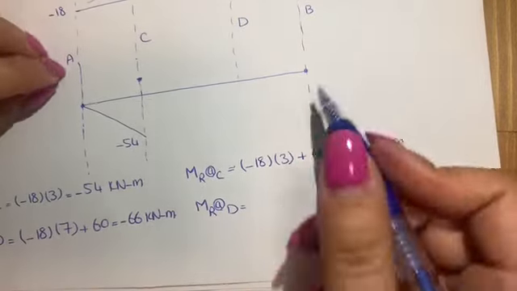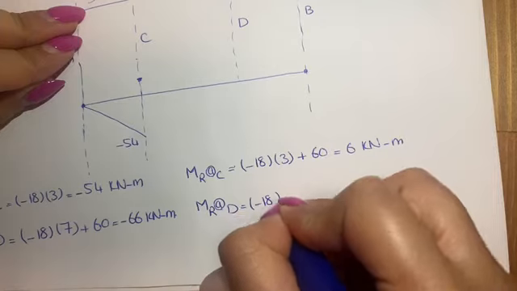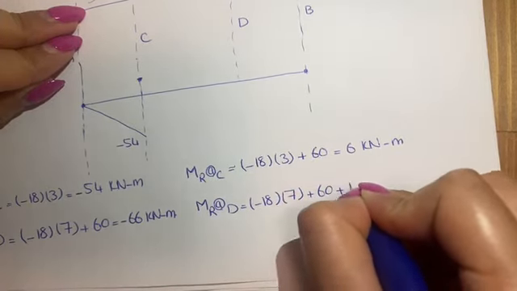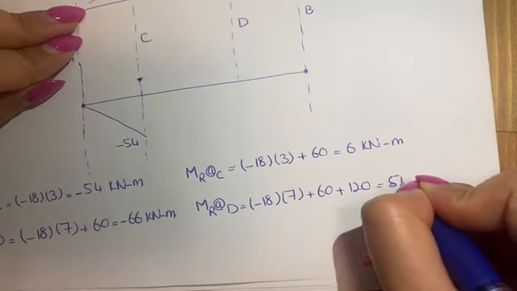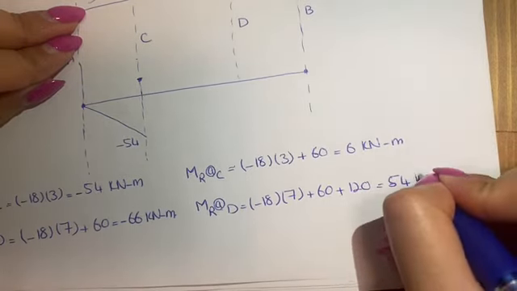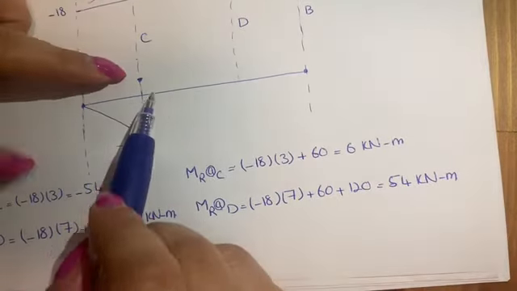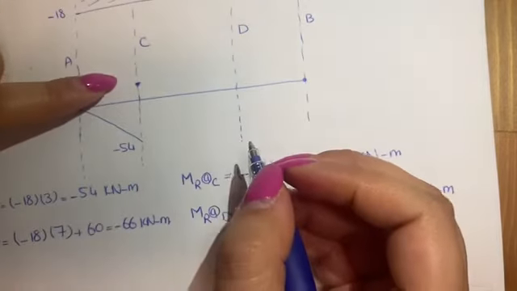So the value will be minus 18 times 7 plus 60 plus 120, which is equal to 54 kilonewtons meter.